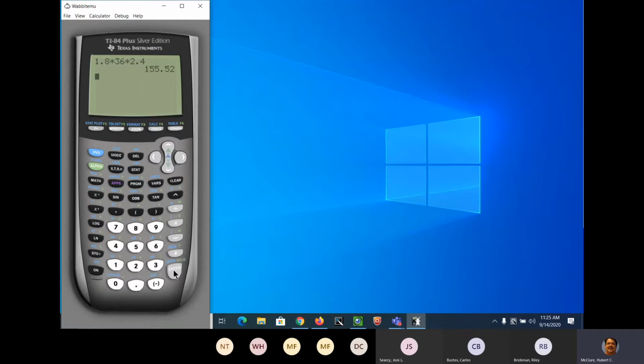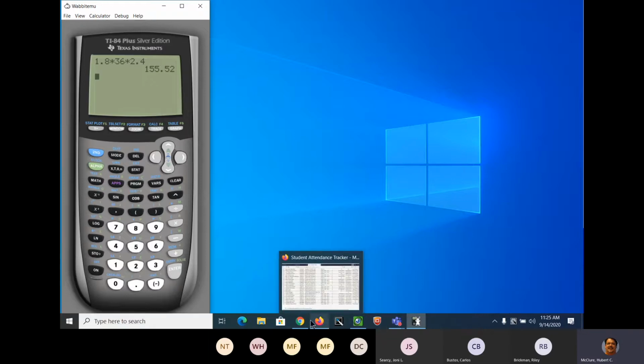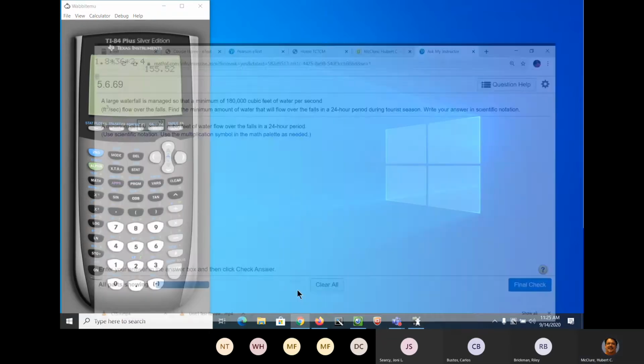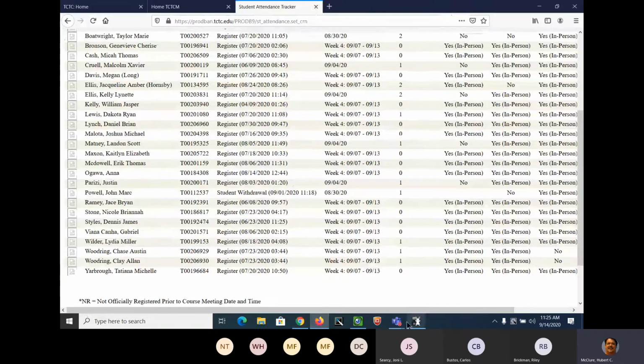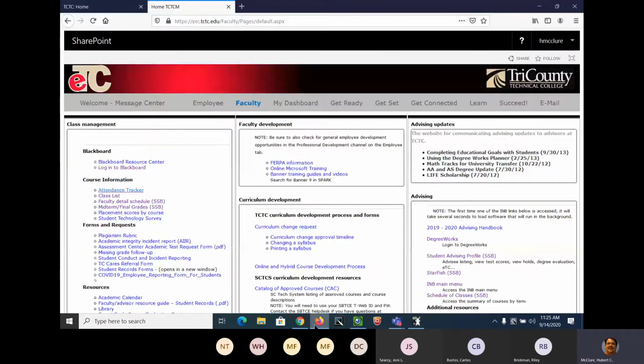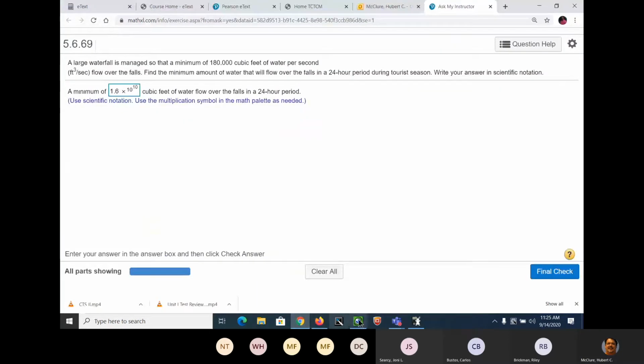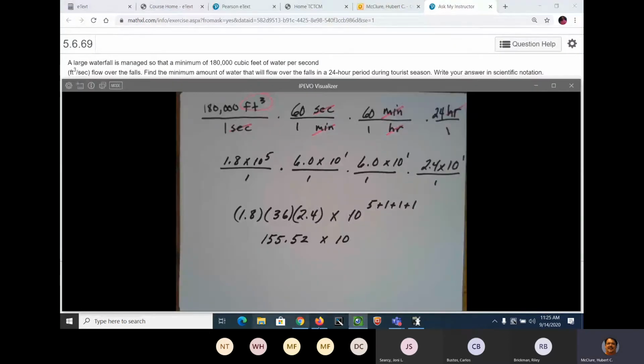And that's going to give us 155.52. 155.52 times 10. Sorry, hold on, let me get my stuff back. Well, that's not what I wanted. There. Okay, so that's 155.52 times 10 to the 8th power.